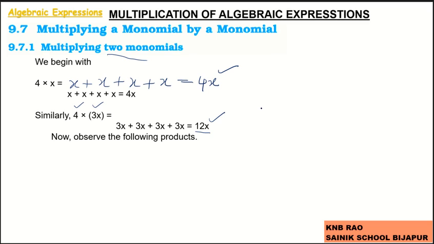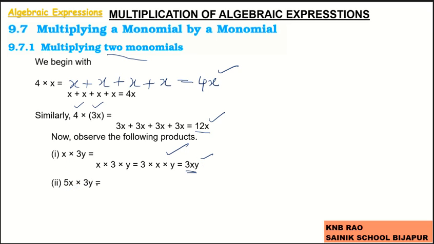Now observe the following products. One by one we shall take. First one, x into 3y. So x into 3y is x into 3 into y, where I will write 3 first. So 3 into x into y, by associative property I can change the order of multiplication of numbers. So 3 into x into y gives me 3xy. Now let us take another example.